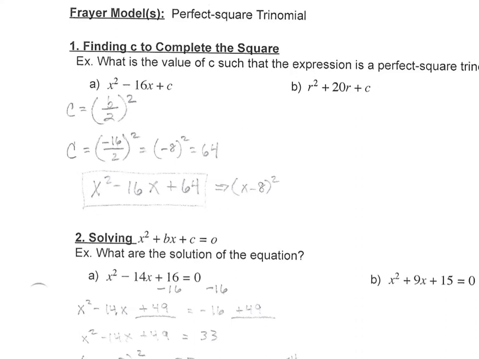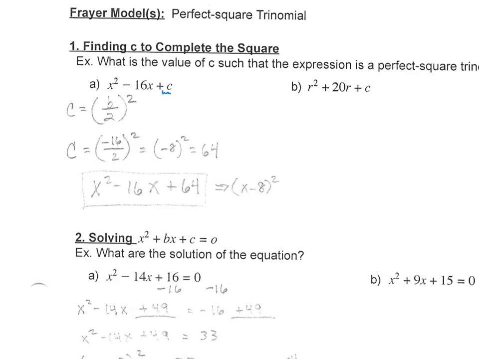Finding c to complete the square. c is going to be that constant value that would allow this to be a perfect square trinomial. The question says, what is the value of c such that the expression is a perfect square trinomial?